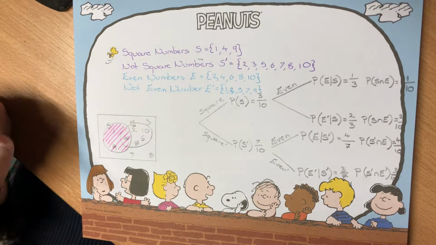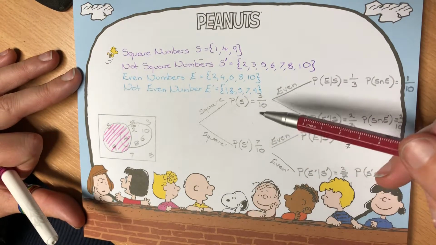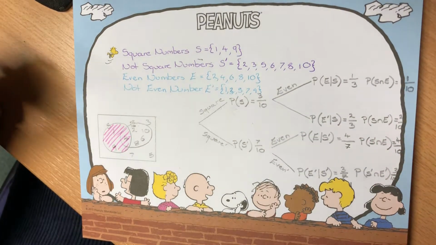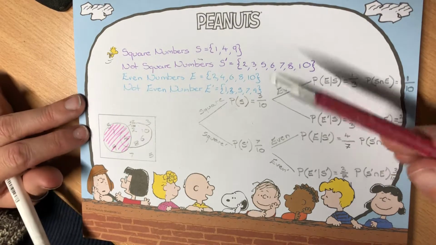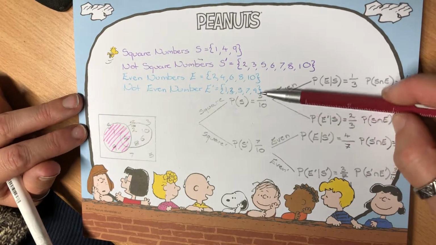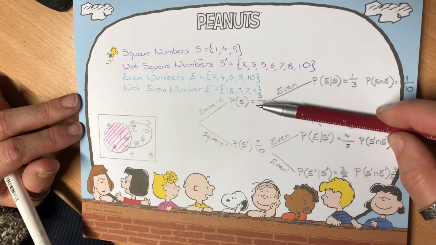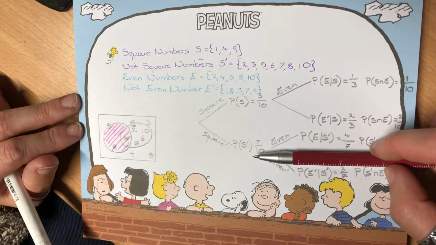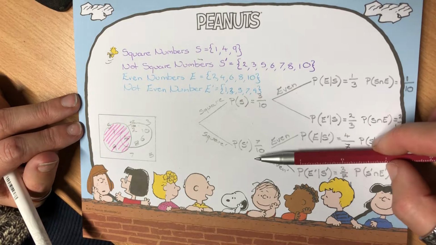One thing that is useful to notice, as you've experienced with probability at secondary in GCSE, is that these two numbers will add together to give 1, because the probability that it's square or it's not square is all of the available opportunities.